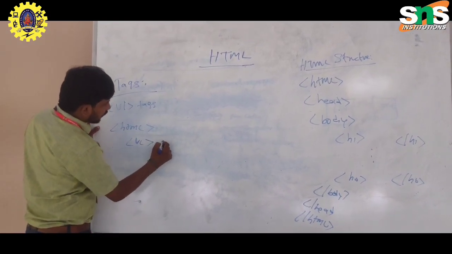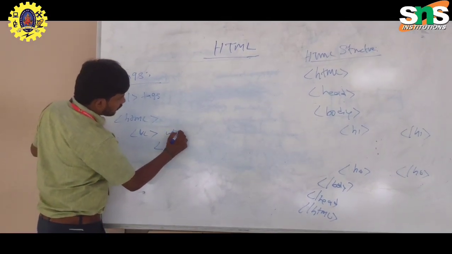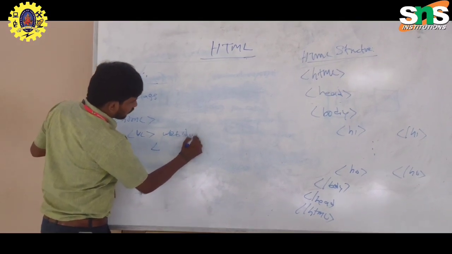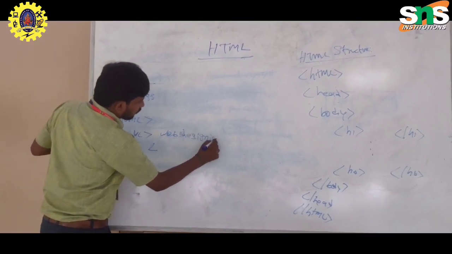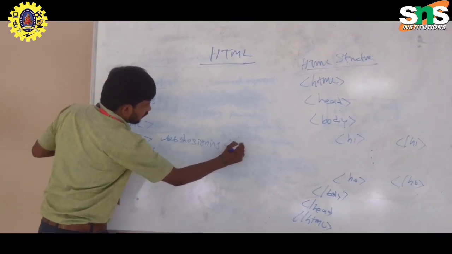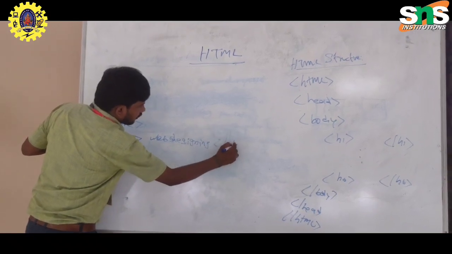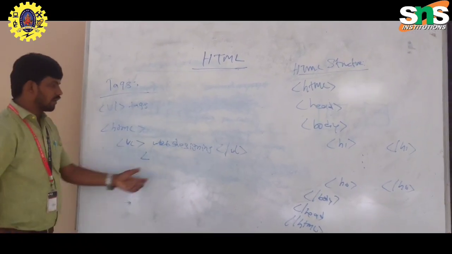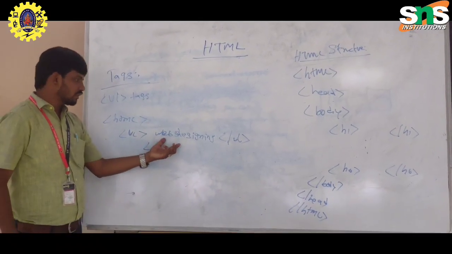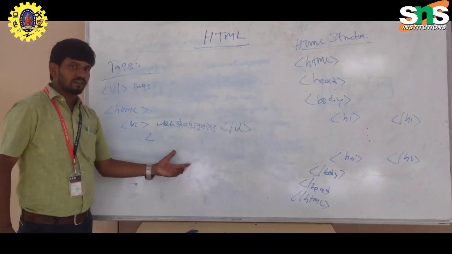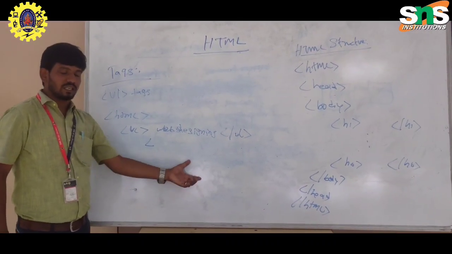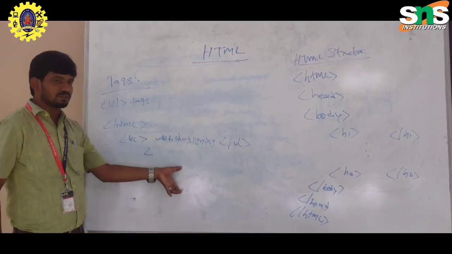In the UL we create a web designing subject, and end with UL. I am going to create web designing in two different formats: web designing lab and web designing theory. So I am going to list two different subjects in categories.